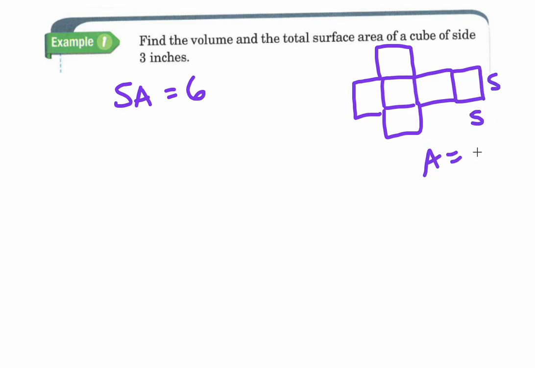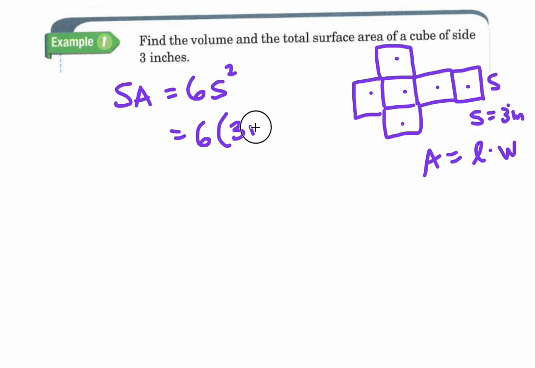Area is equal to length times width. And then since there's 6 of them, we have to multiply it by 6 because it's occurring 6 times. So 6 times s squared. Each of the sides is equal to 3 inches, so 6 times 3 inches times 3 inches. This would be 6 times 9, which is 54.